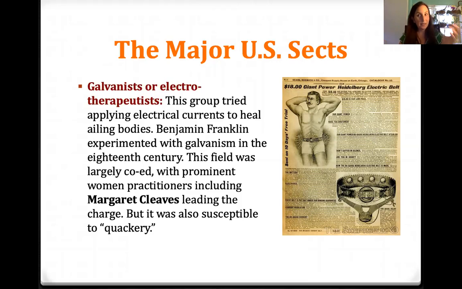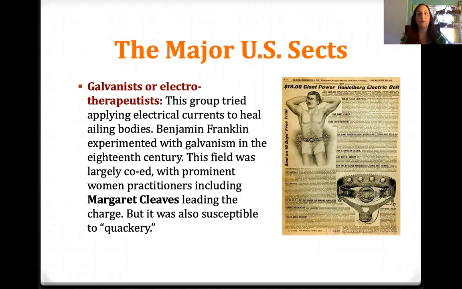This field, really interestingly, was largely coeducational. There were equally many women and men involved in it until the discovery of the X-ray, when it really gained prominence as an important science, and then the women were pushed out by men.